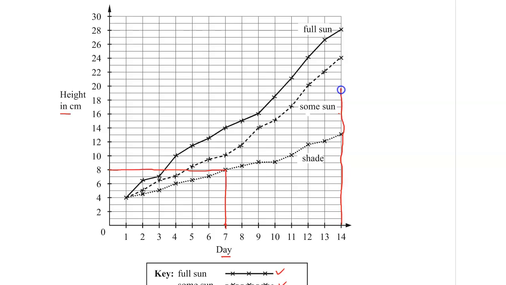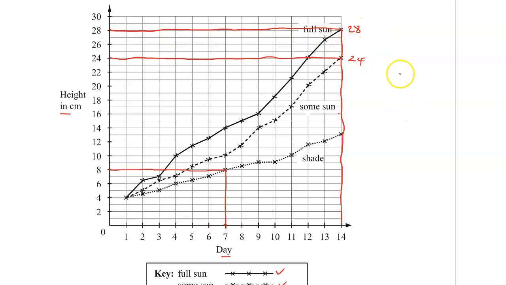Day 14. For the some sun, the height was 24. So this is 24. Then you continue to full sun. Then you come to the y-axis and find it is 28.